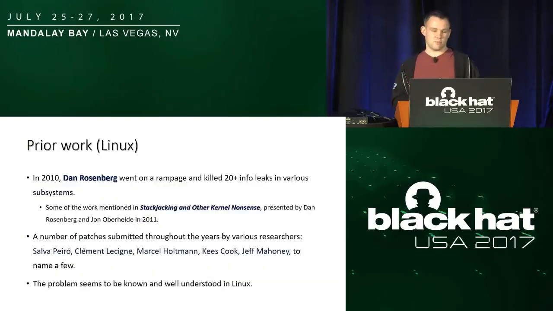On the other hand, the problem seems to be much better known on Linux. Already 7 years ago, Dan Rosenberg apparently went on a rampage and killed several dozen, I think more than 20, info leaks in various subsystems. He presented some of this work in a presentation given by him and Jon Oberheide in 2011.